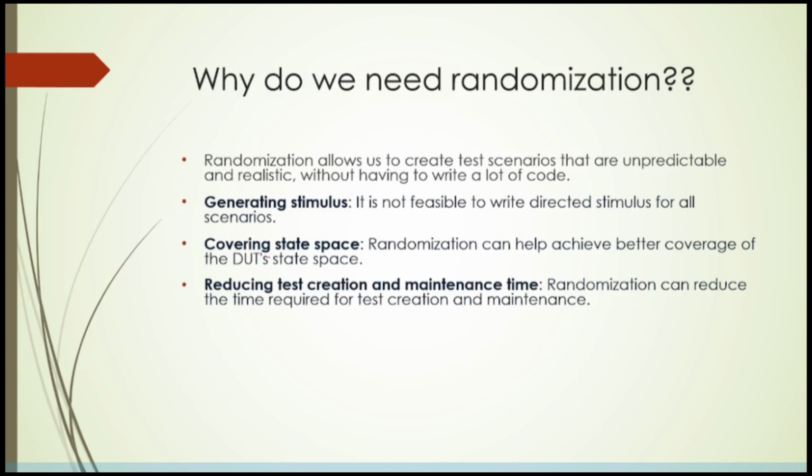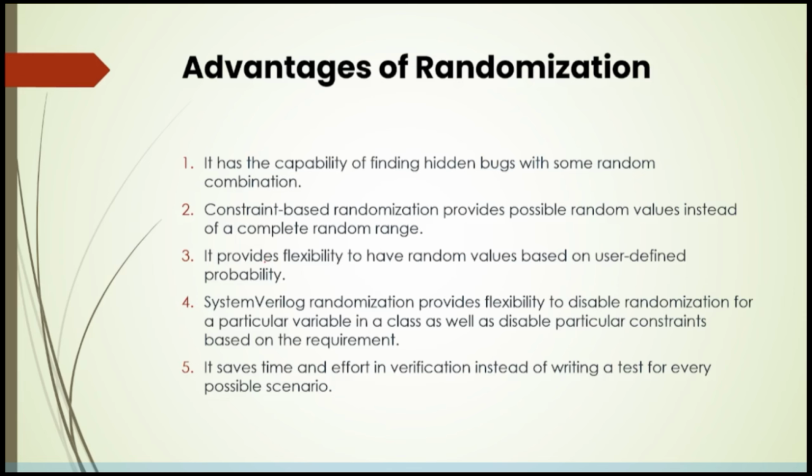Because of this, the code length will be reduced, and also the maintenance time, like while we are running the code, since it will be generating automatically without any manual reference, the generation and maintenance everything will be going on smoothly, right? So this is about the need of randomization.